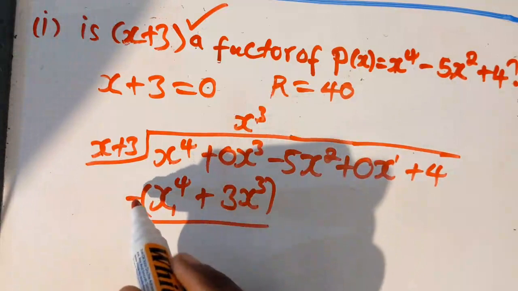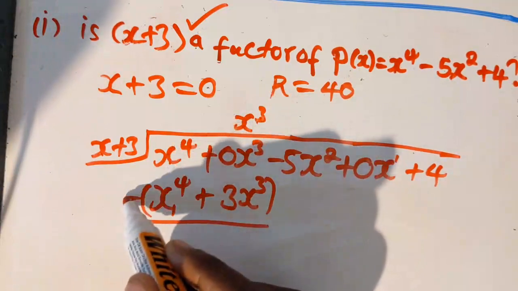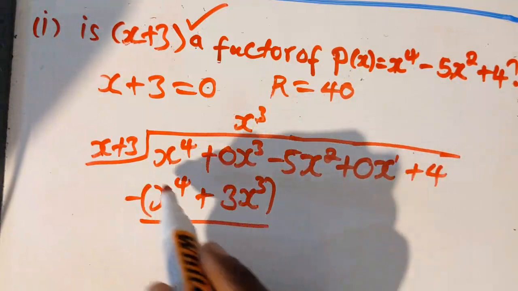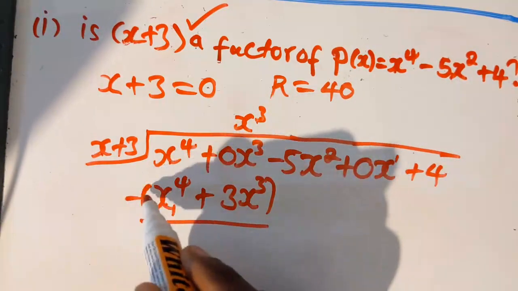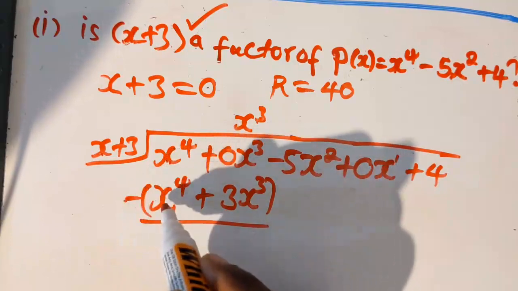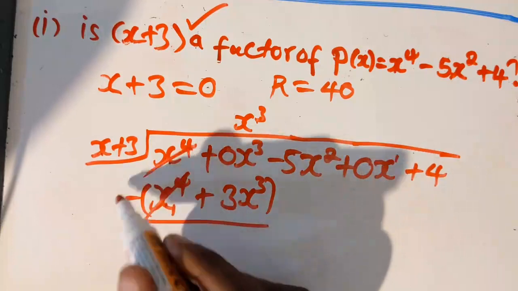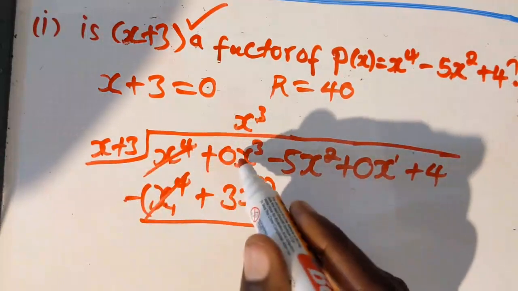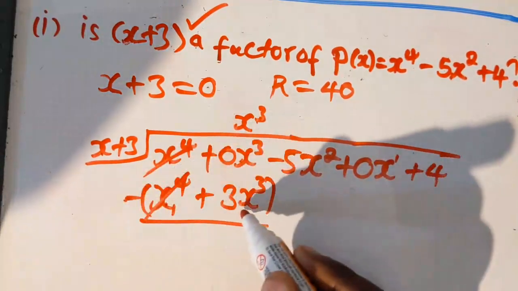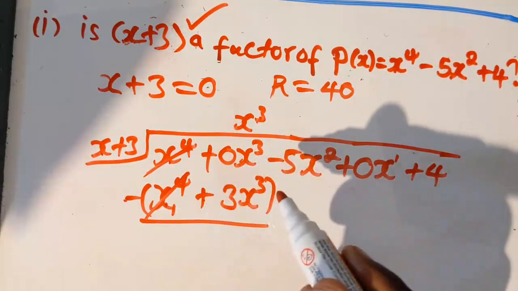Then this negative is multiplying with everything. When it multiplies with this, so this is going to be 4 minus 4, so it's going to give us 0. Okay, then this is 0 minus 3, because negative times positive is negative.